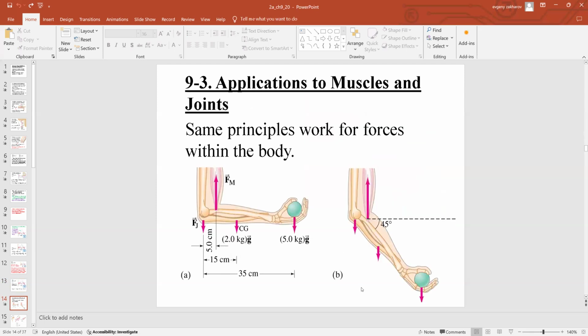Not only engineers, but also biology, doctors, nurses, see how you have muscles, and muscles pretty much produce those forces, and joints give you reactions. You have certain forces from different parts of your arm or leg or any other set of joints and muscles.